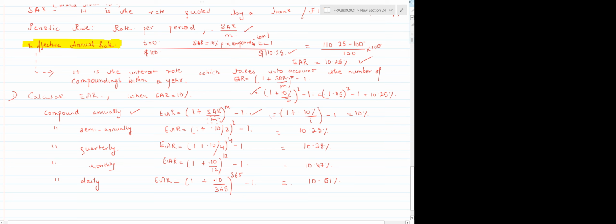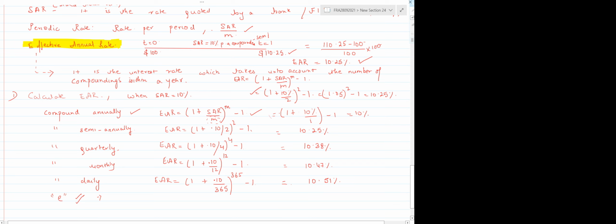Guys, when we compound continuously, we use something called E. E is what? Euler's number, the magical number. Guys, do you have a background in science or in commerce? Science. So if you have a background in science, you must know what E is, what your Euler's number E is, right?